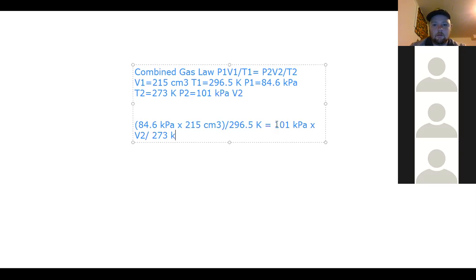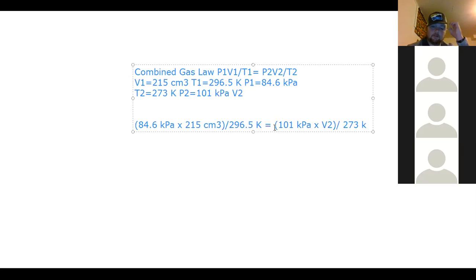Do you mean all of it or just the last part? Divided by 273. The 101 kPa times V2 is divided by 273, that's why I put it in parentheses. Oh, okay.